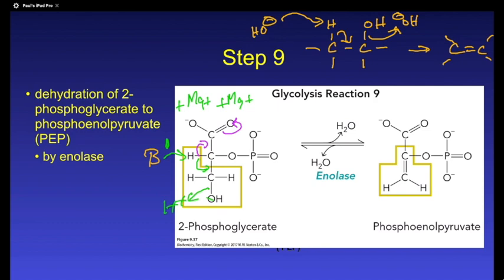Negative charges on oxygen are better, and they're even better because these negative charges interact with the magnesiums. And so they're locked in with a lot of positive charge, and I create an intermediate that has less energy.